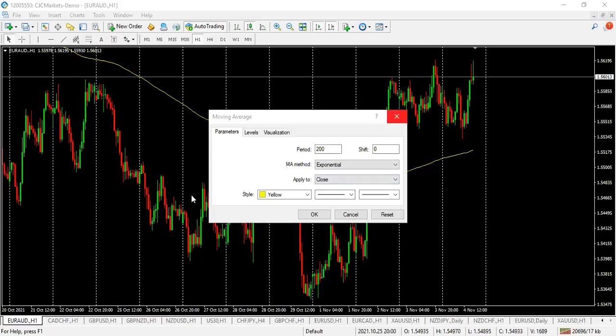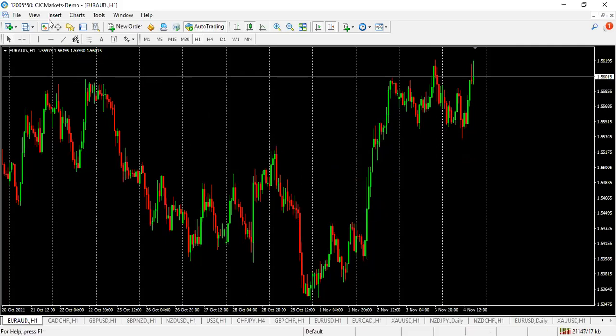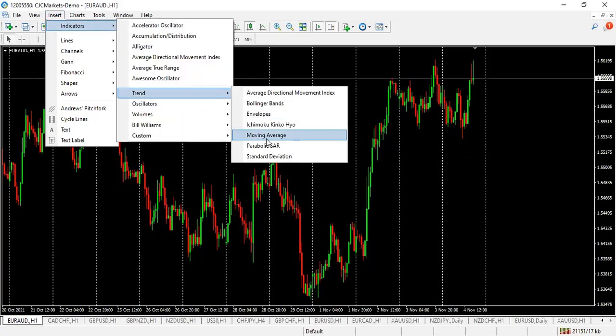Okay, now this is my chart. Let me delete everything and set it up so that you can see. To set your moving average, you come to Insert, Indicators, Trend, and you click on Moving Average.